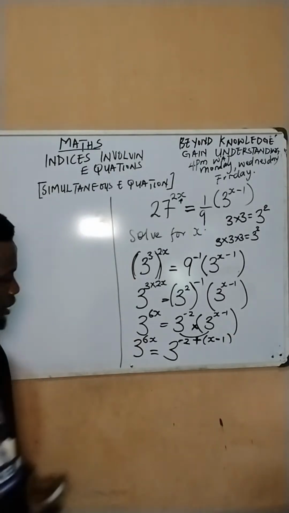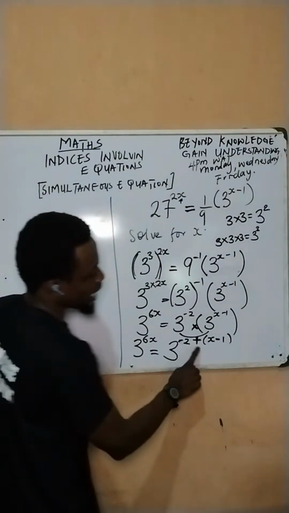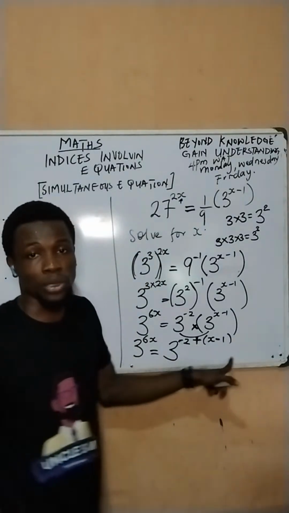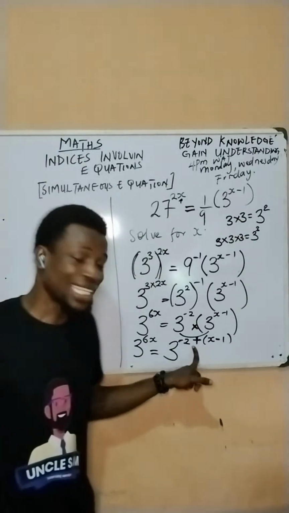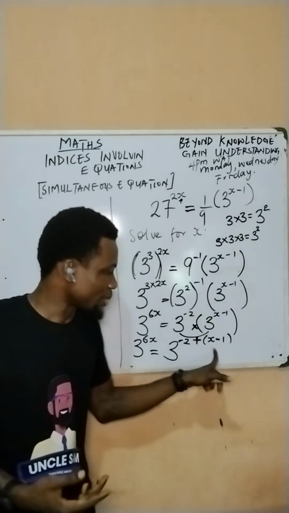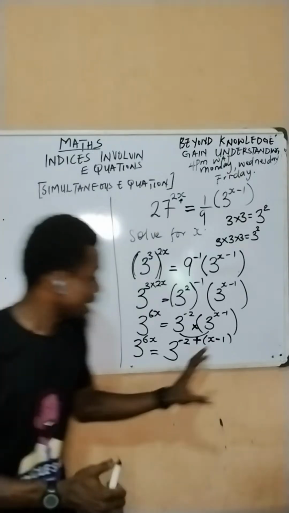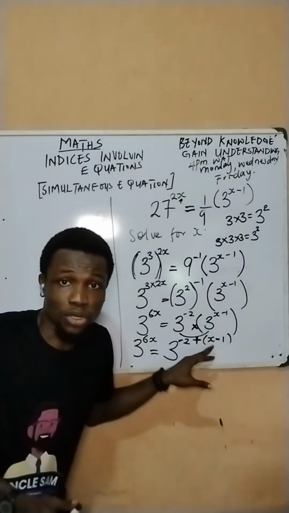This is what you have at this point. And so what do you do next? You use this positive sign here and multiply, or clear off, what is inside the bracket. The reason I put a bracket is to tell you that the sign here is one that is trying to expand the bracket.